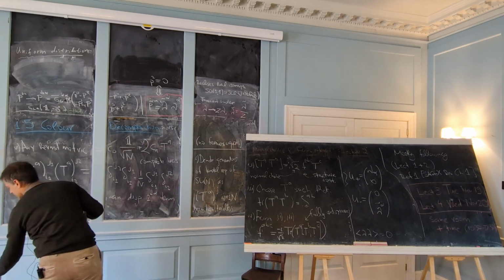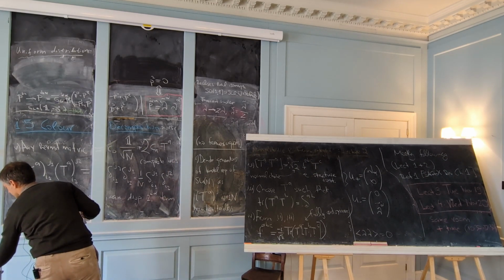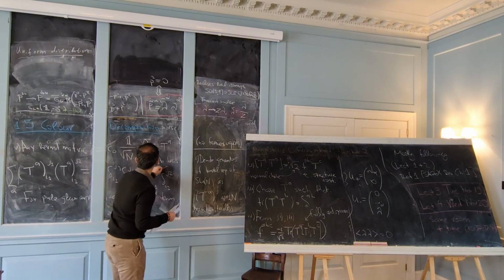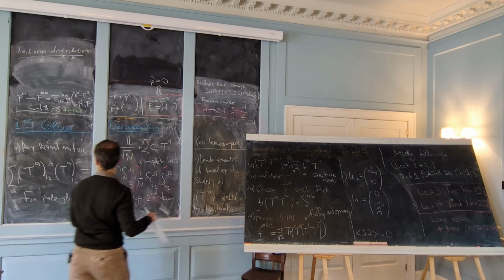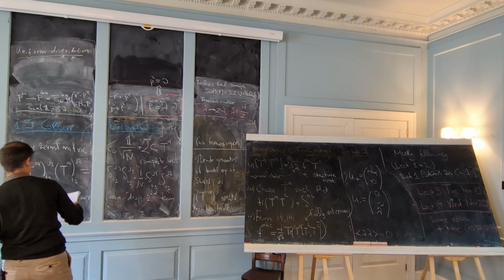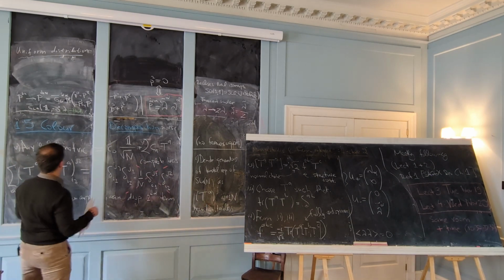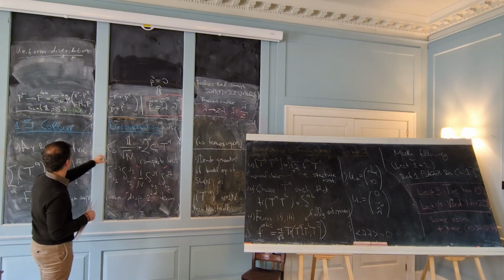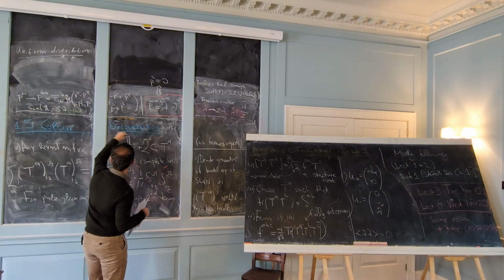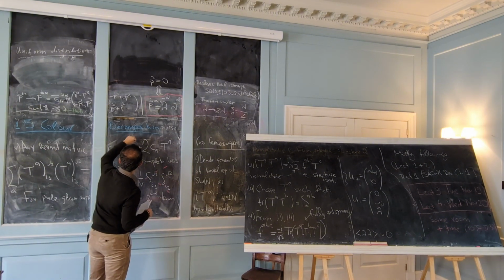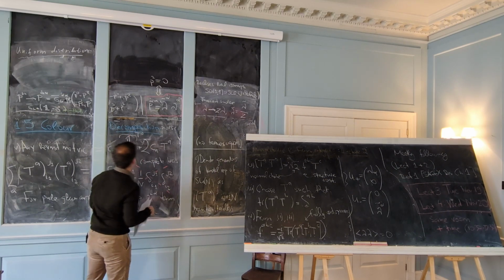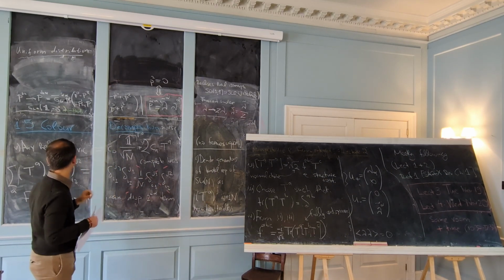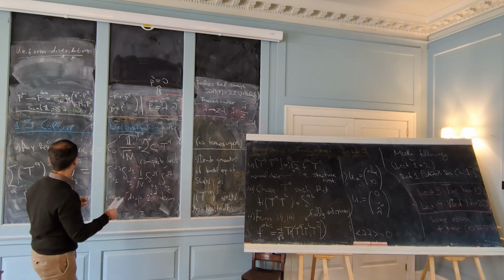So let me use, I don't know, this color. And the reason why I can drop this is that I named this extra generator T_0. So this is essentially T_0. I added one generator to make SU(N) into U(N).